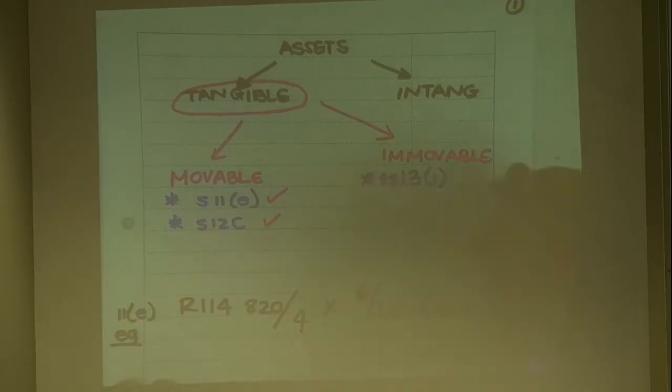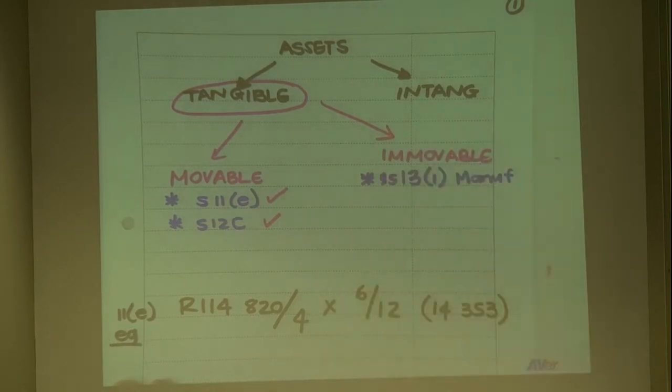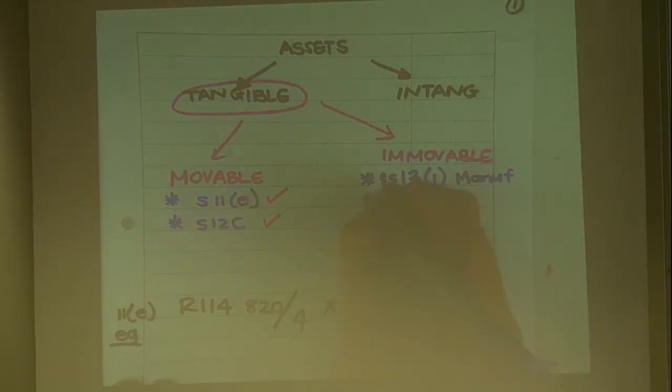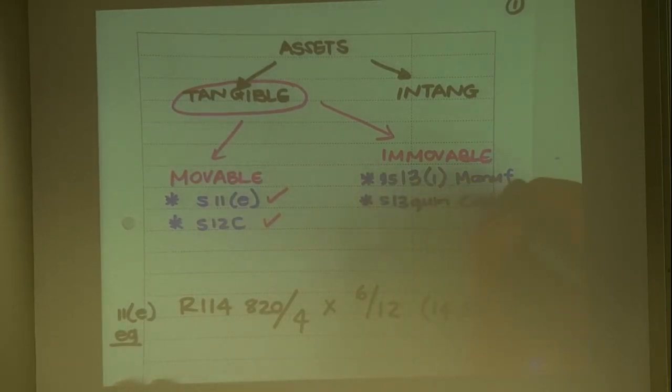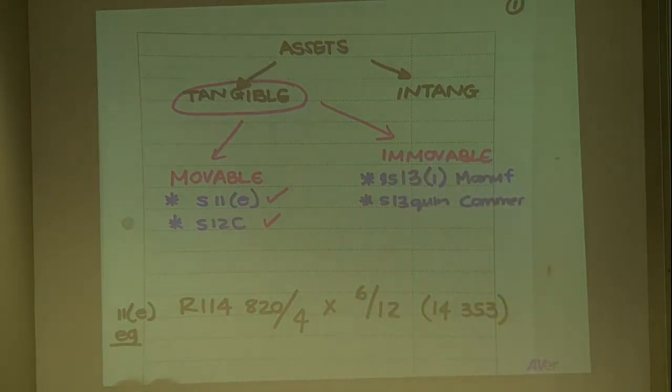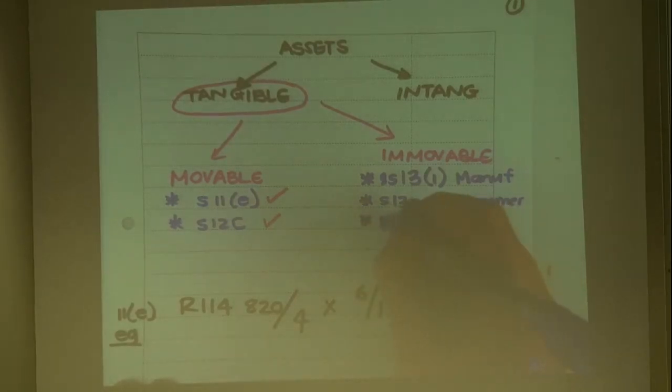And this is for our manufacturing buildings. Then we're also going to speak about section 13 Quin, which is for our commercial buildings. So for example, an office block, something like that. And then we're going to speak about our residential buildings.